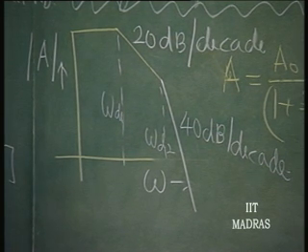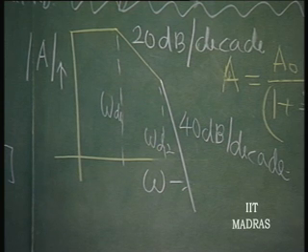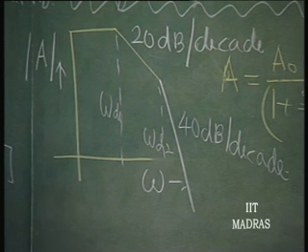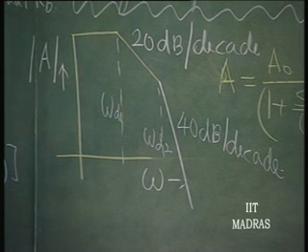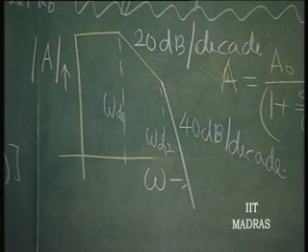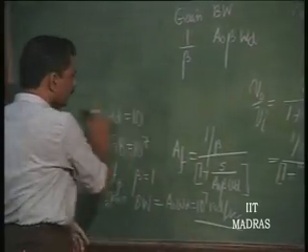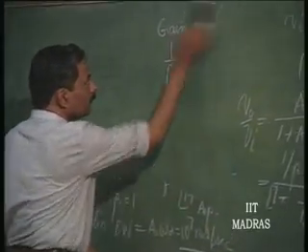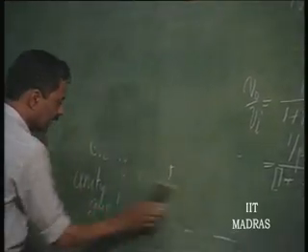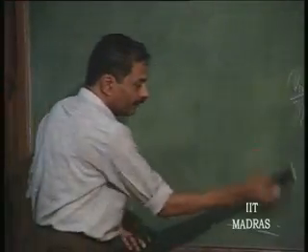If such a system is used for negative feedback, then what happens? This is also fairly simple to analyze. So, again all these things are valid. Only thing is, this expression is going to be valid even now.